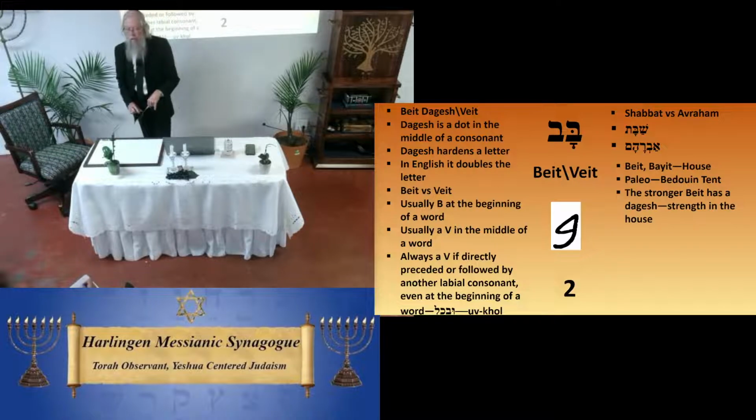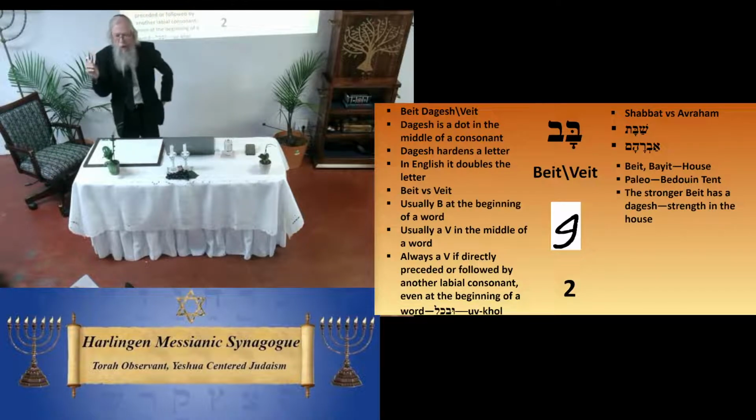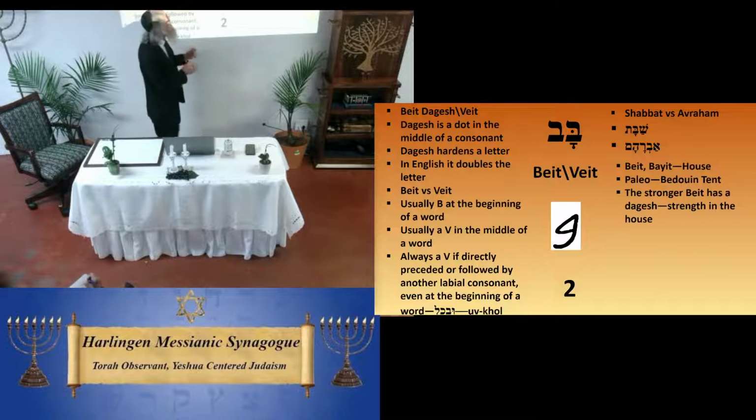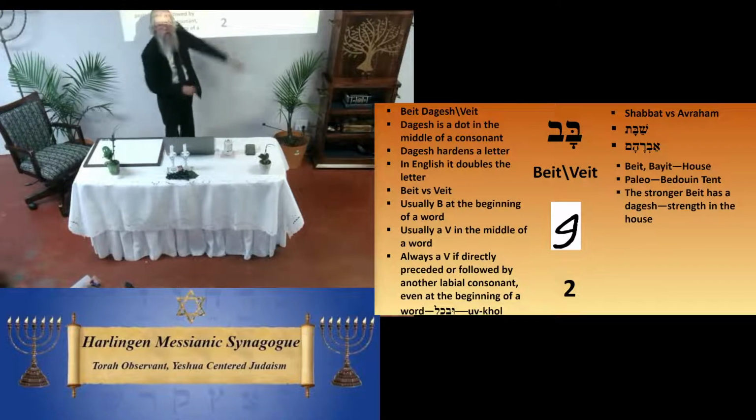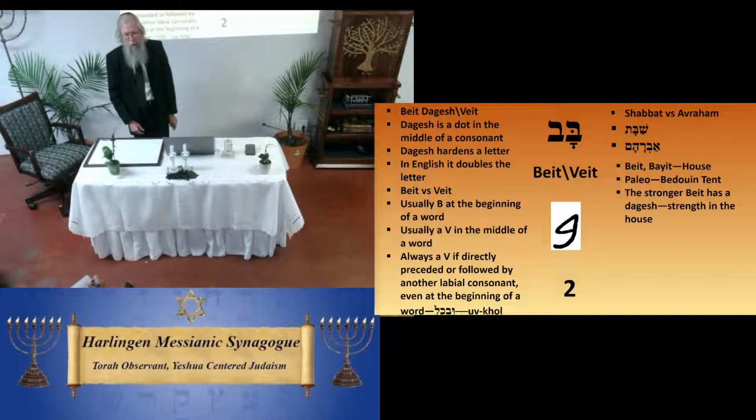The Dagesh is the strength of the house. The Dagesh is the man of the house. A house without a Dagesh is a weak house. A Beit without a Dagesh is a Beit. It still has some strength, Beit, but it's not as strong as it could be, Beit.